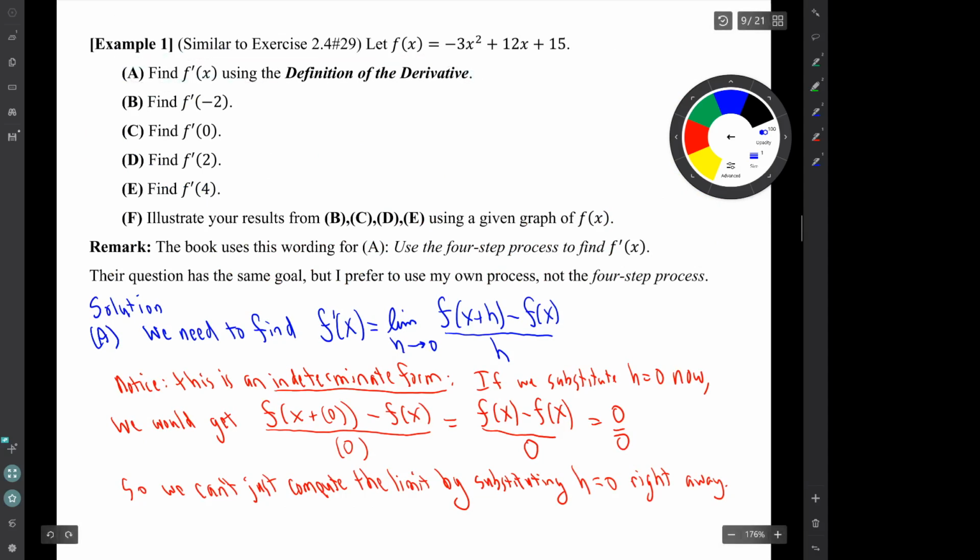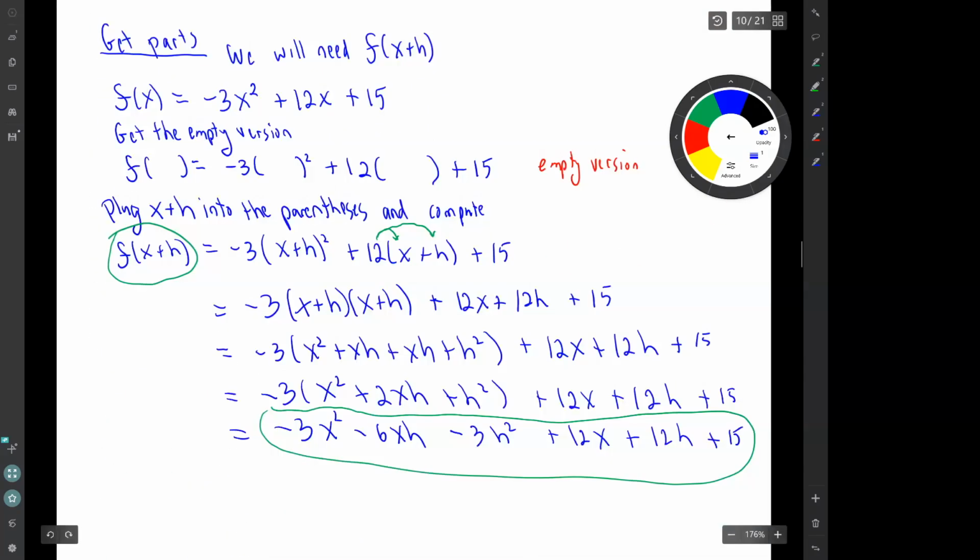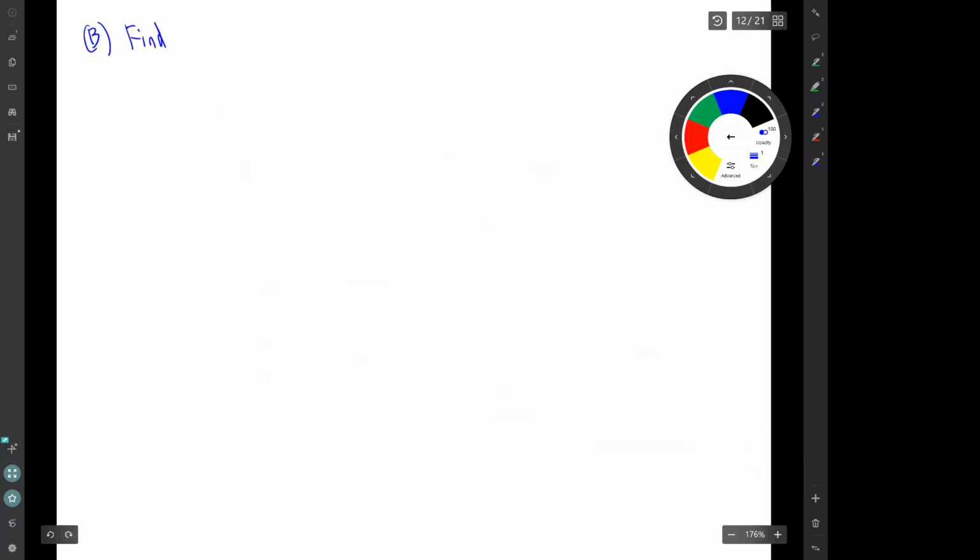Now our job is to do these things. Find f prime parentheses negative 2, f prime parentheses 0, f prime parentheses 2, f prime parentheses 4. Now what does that mean? That symbol means to substitute x equals negative 2 into the formula for f prime of x.